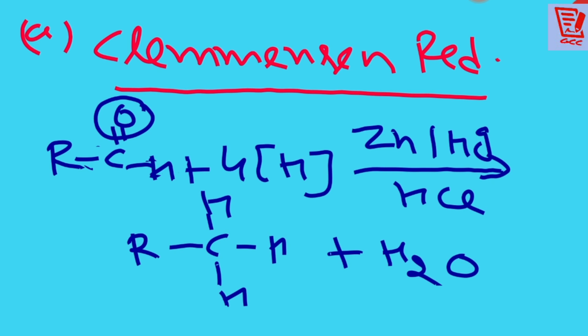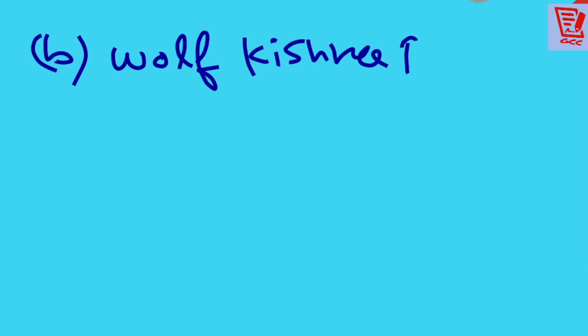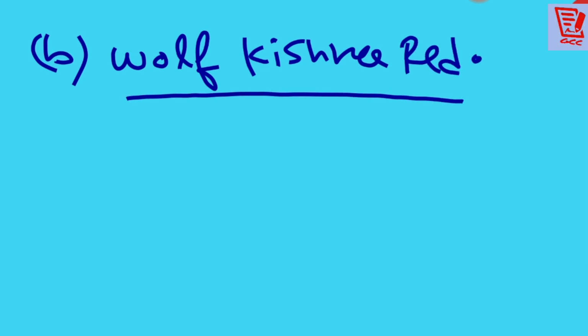Then after that, we are going to do its B part, that is the Wolff-Kishner reduction. What is it? Whenever we are studying the Wolff-Kishner reduction, in this case we can give the reduction with a basic solution of hydrazine.